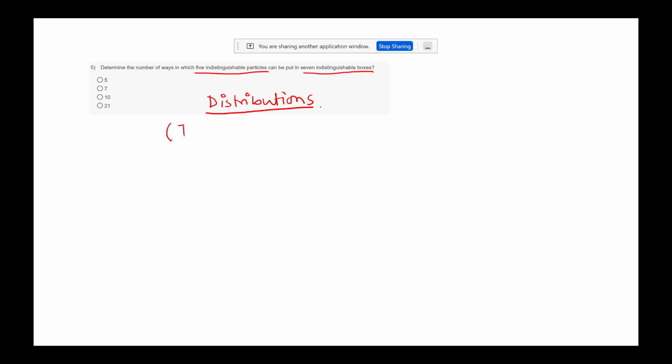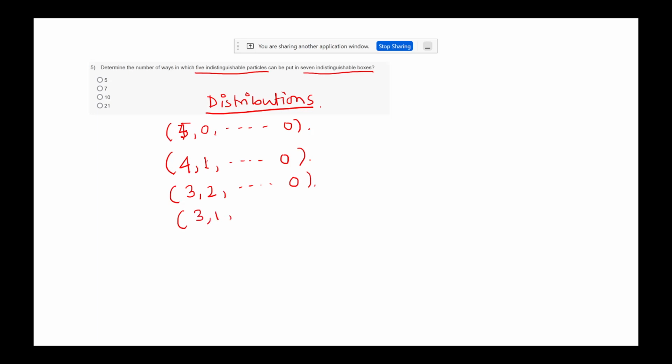So 5 particles can be in one box. Or 4 and 1, and the rest are vacant. Then 3, 2, rest are vacant.